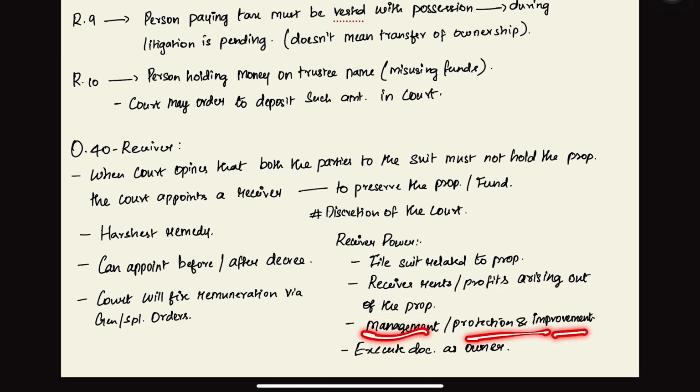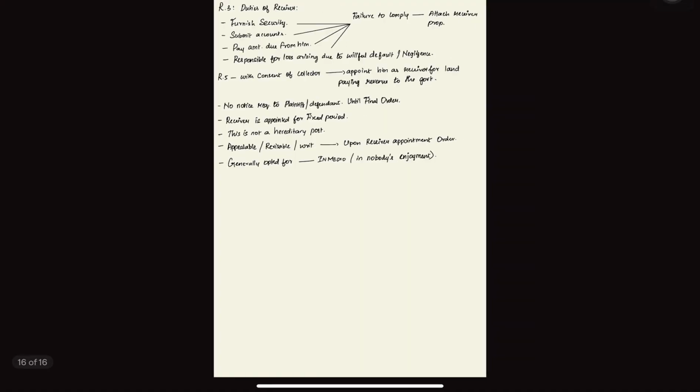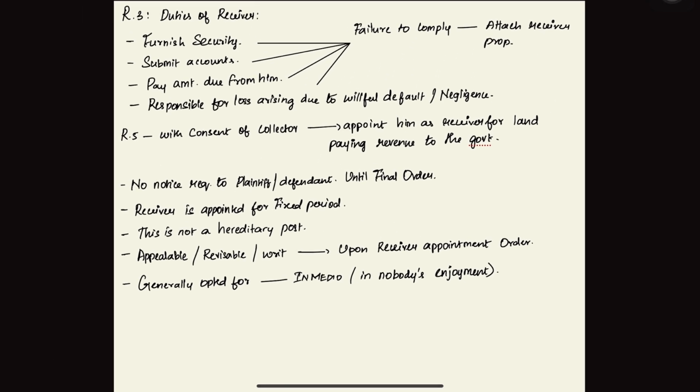The receiver manages and protects the property and makes improvements to it, and he executes documents, for example a mortgage document. He can execute such documents for the benefit of the owner as well as the property.